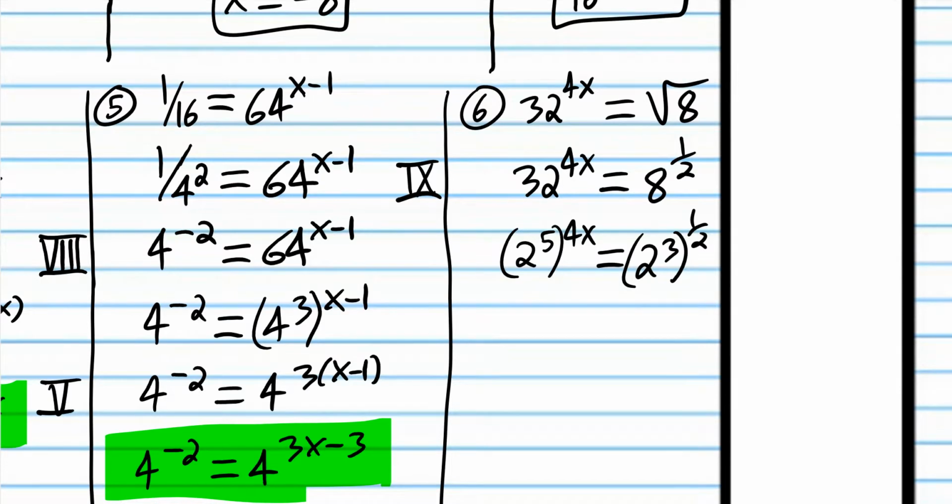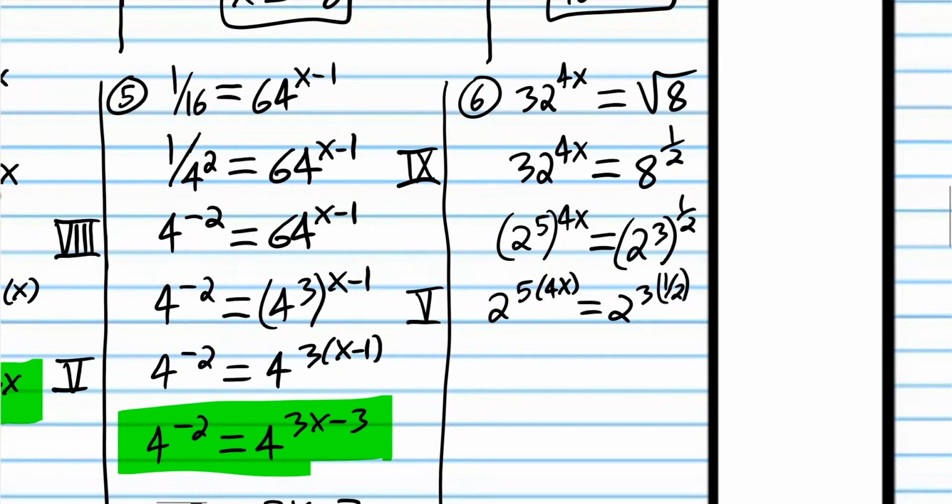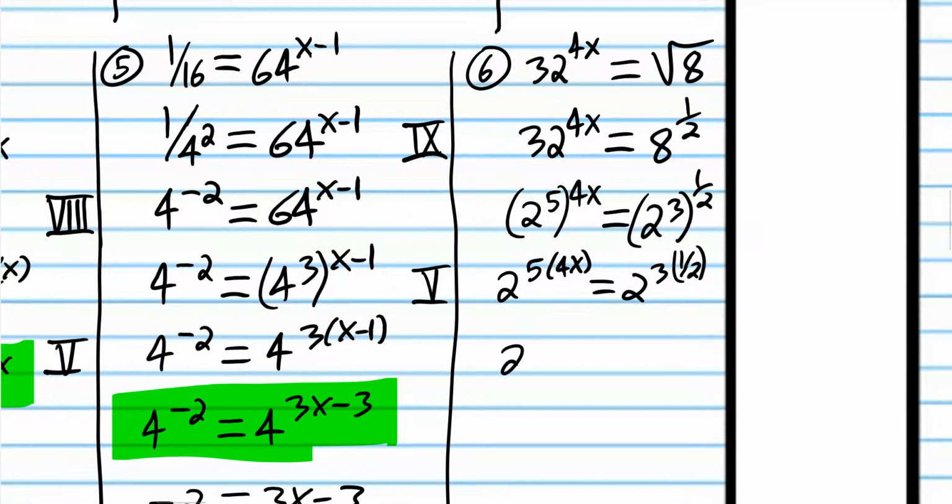So now we're going to use rule number 5 because we're raising a power to another power. And remember, when you're multiplying a fraction by a whole number, we went over that previously, so now we have 2 to the 20x is equal to 2 to the 3/2 power.